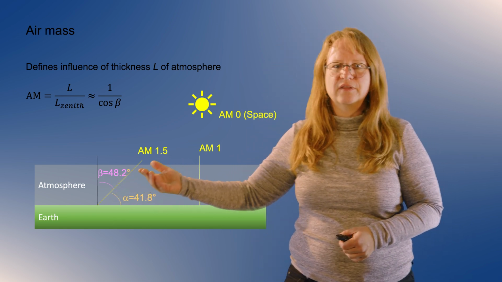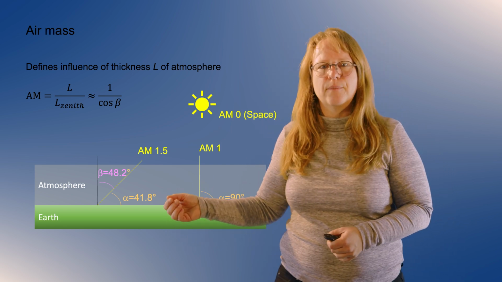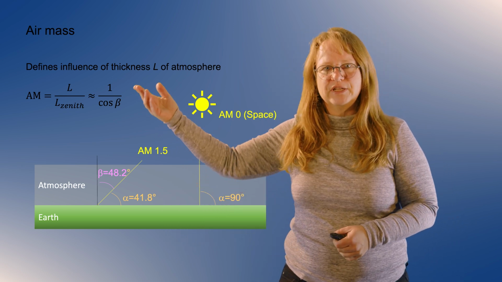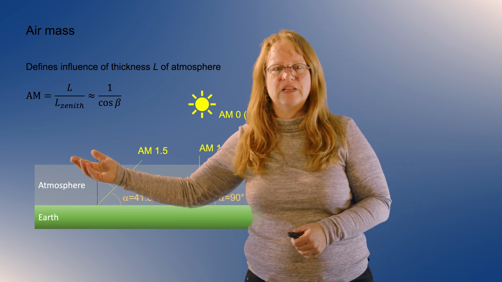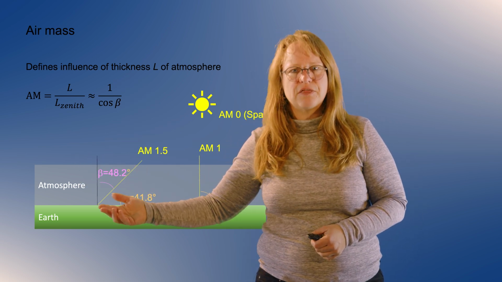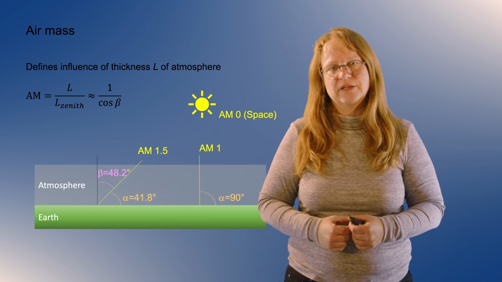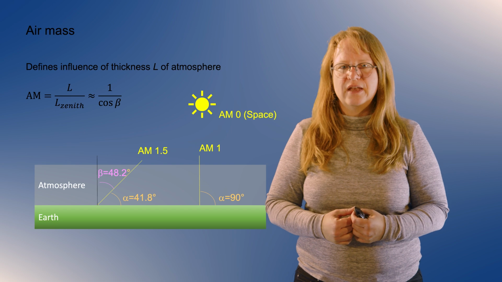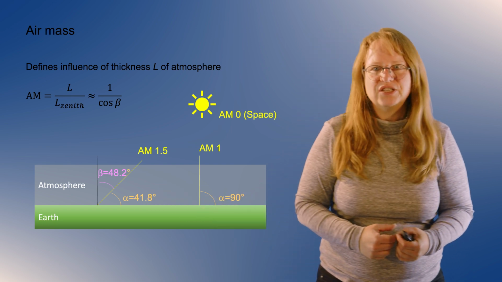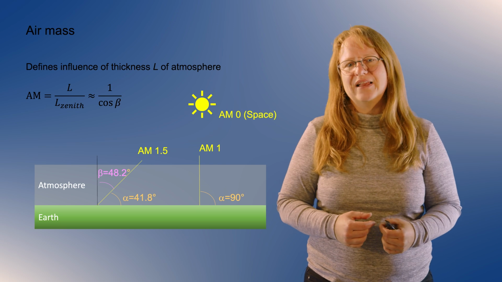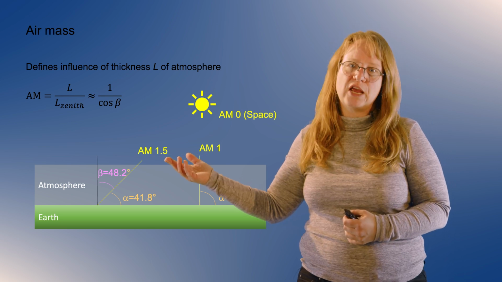So this position here is given then by the air mass, which is 1 over the cosine, because if this is length L at zenith, then this length here is given by L divided by the cosine. So it's longer than the one at air mass 1. And this 41.8 degree value is chosen because if you plug that into the cosine, you obtain 1.5.